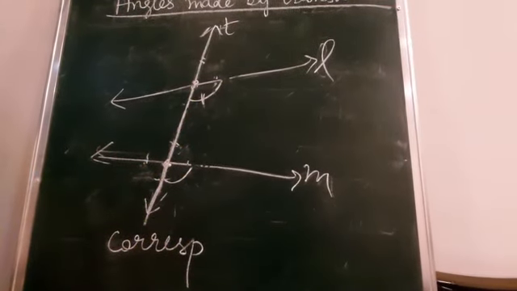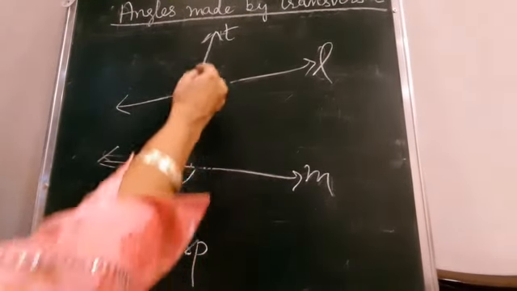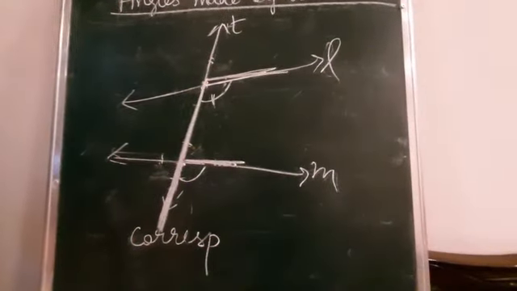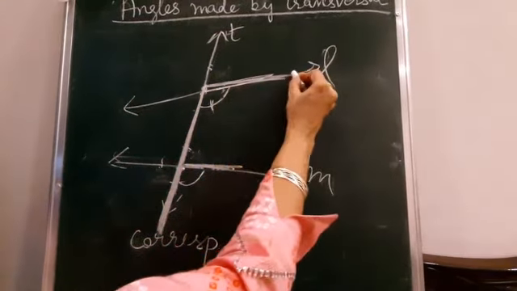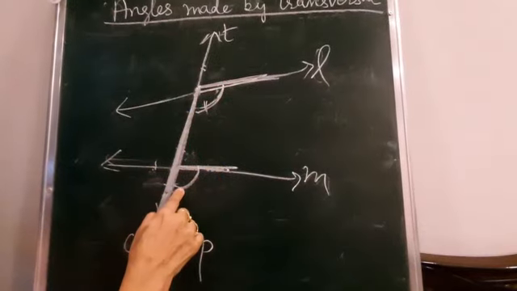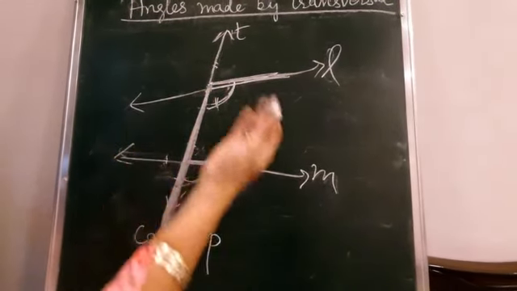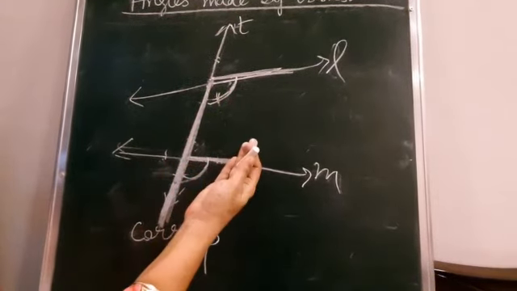And one more thing is they are making the alphabet F. See the alphabet F. These two angles are corresponding because they have different vertices. They are on the same side of transversal.